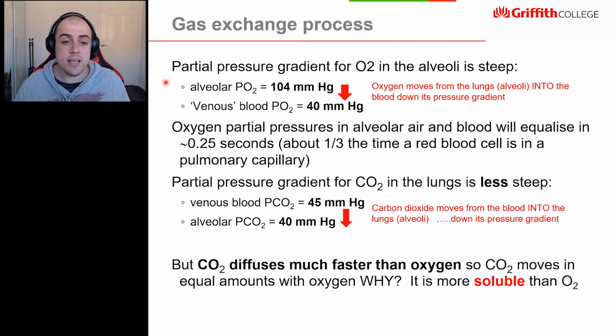We basically need a much higher alveolar PO2 in order to get it to move into our blood adequately. Otherwise it would be way harder to move that oxygen into the blood, which means we'd get caught out, we'd get stuck. Whereas with carbon dioxide, we can get away with that because it's so much more soluble than oxygen.